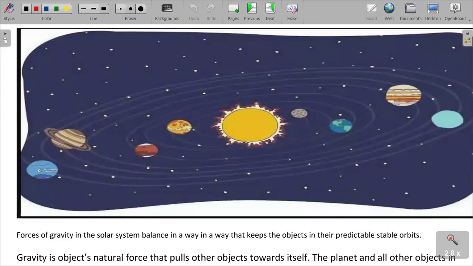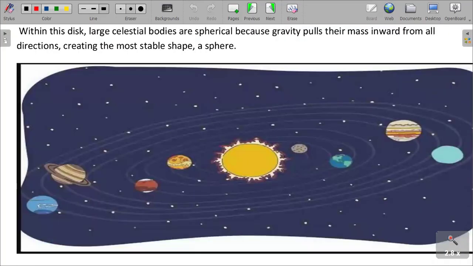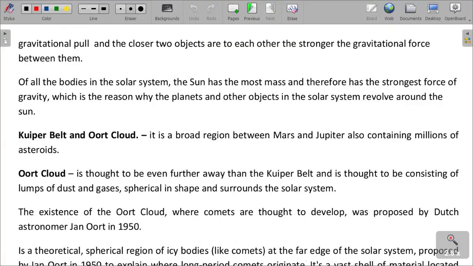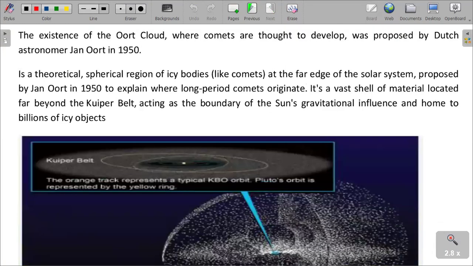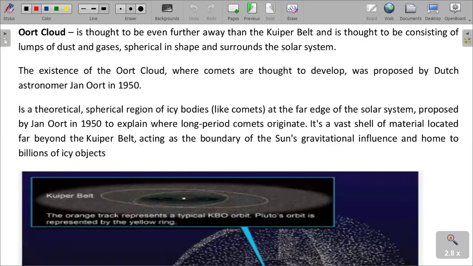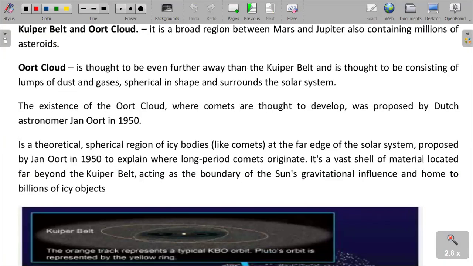We would also look at forces of gravity in the solar system that balance in a way that keeps objects in their predictable, stable orbits. We will discuss those stable orbits as we go through today's work. We also look at the Kuiper belt and the Oort cloud.